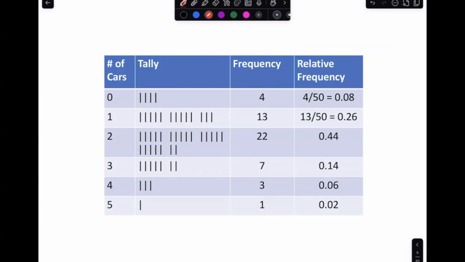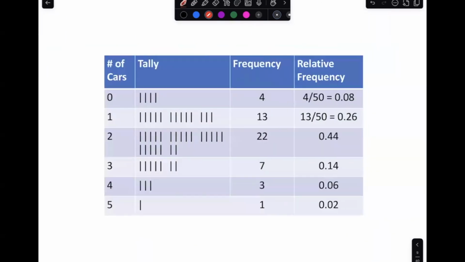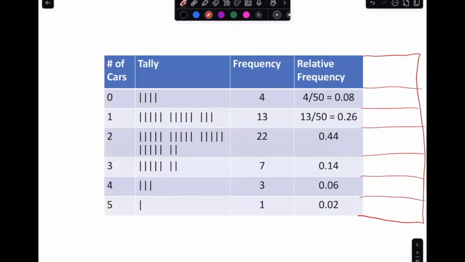You may have already had them, I can't remember, that talk about cumulative relative frequency. So all cumulative relative frequency does is I'm going to make an additional box over here. It just adds them up as I go along. So this right here, 0.08, is my relative frequency.